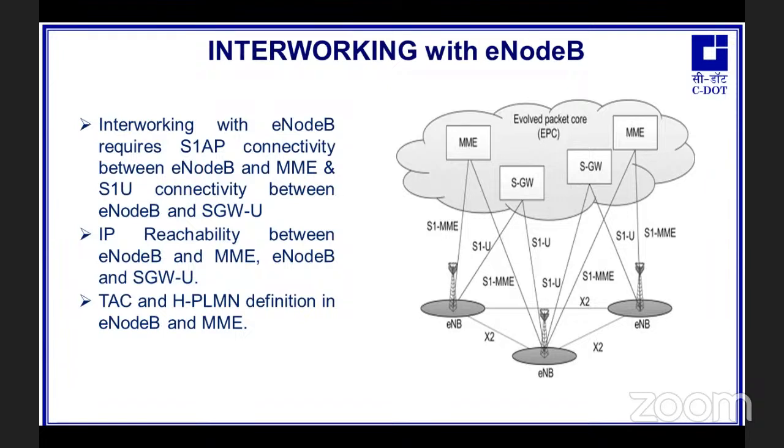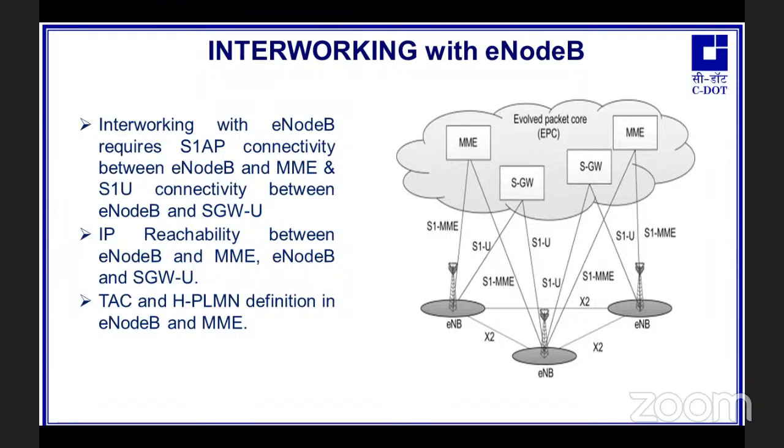To ensure the connectivity, we need to ensure the IP reachability between eNodeB IP and MME IP. So the IP connectivity is a must. The same for the SGW user plane IP with eNodeB user plane IP reachability. Otherwise, the connectivity will not be established.